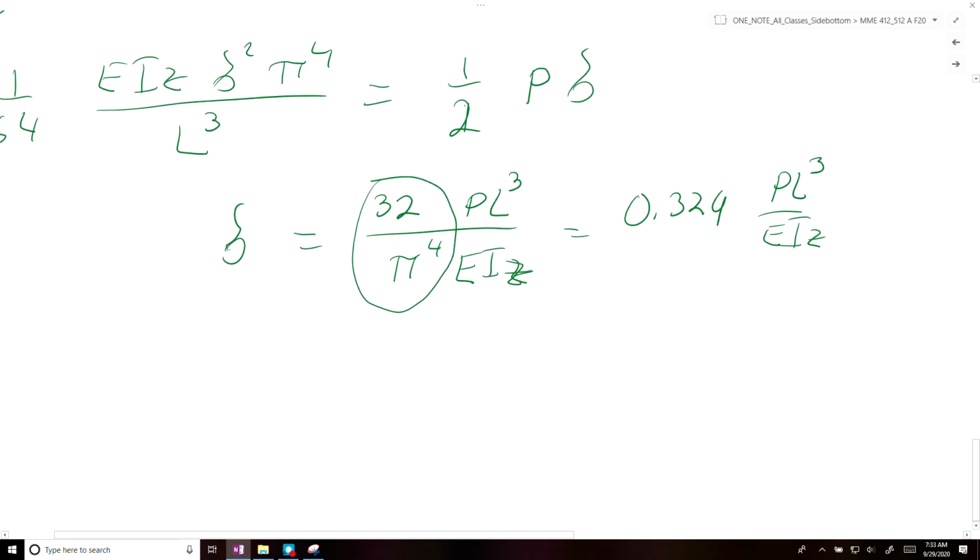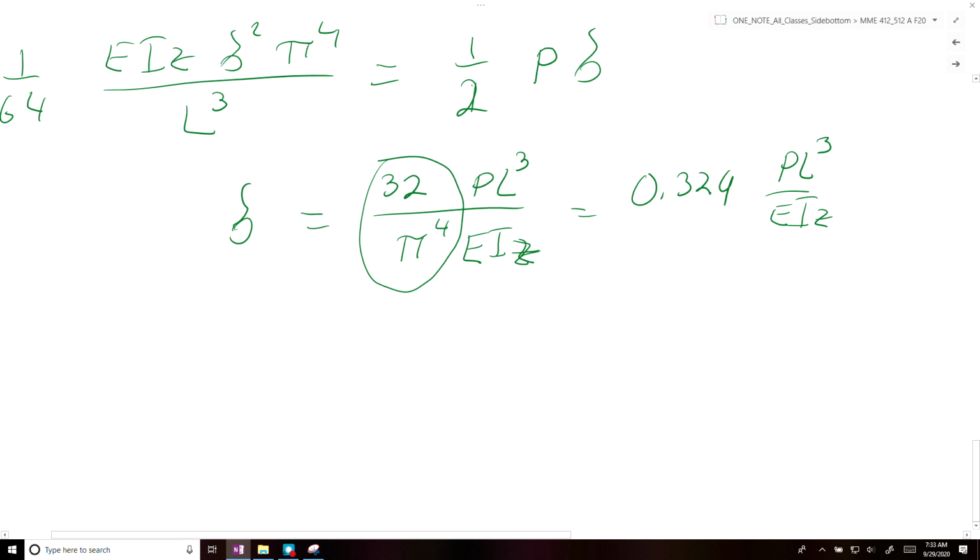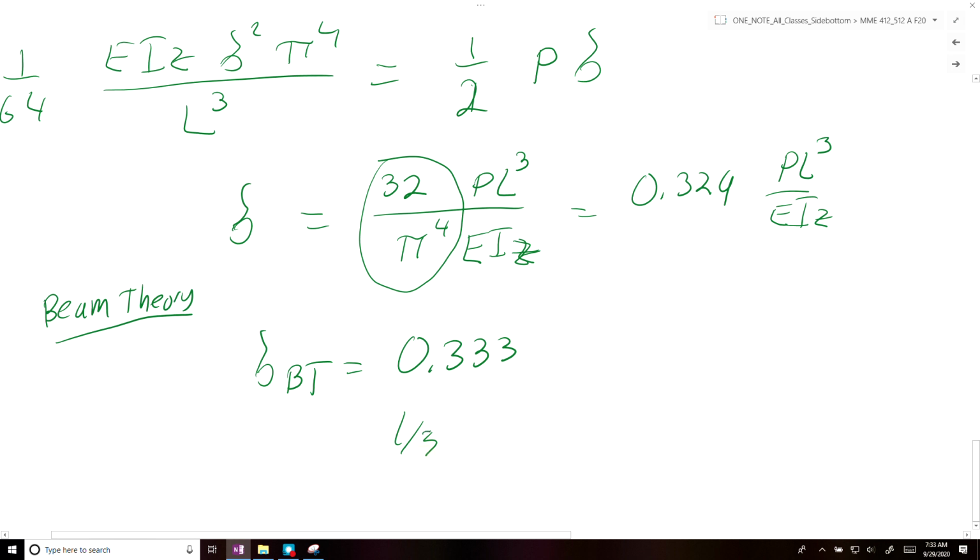All right. So if we look at using Castigliano's method and traditional beam theory, so if you look at the back of your textbook and you look for the displacement, delta at the end of the beam is going to be equal to 0.333 or 1/3 times PL cubed over e to the I z.